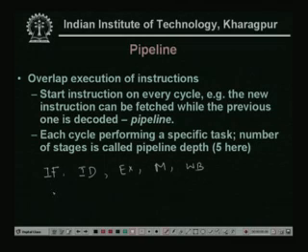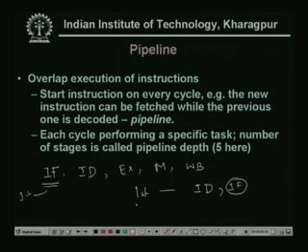Say for the first instruction, instruction fetch has already been done, and then the instruction is decoded. Now the second instruction can be fetched.